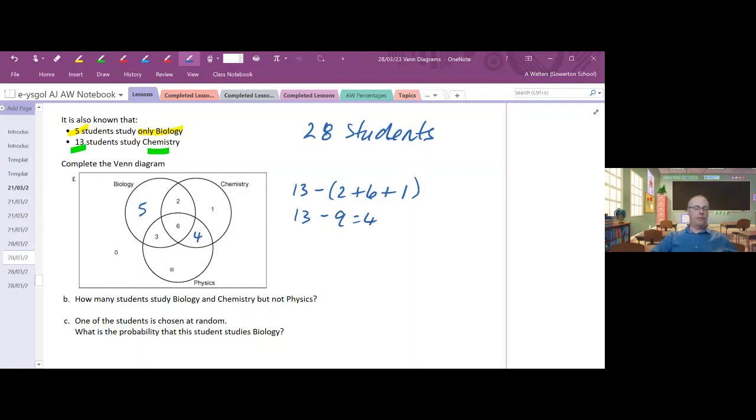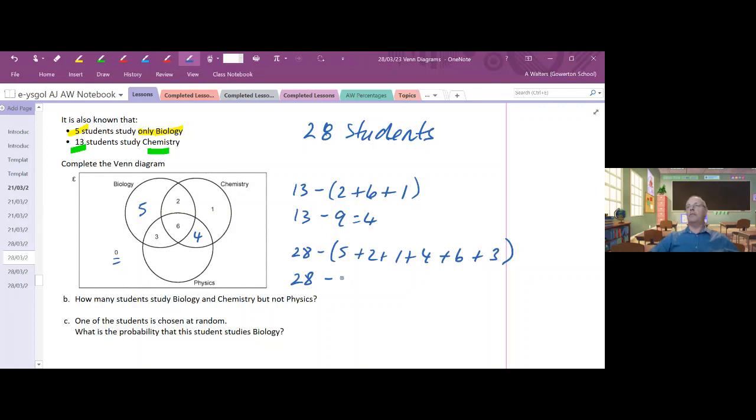So there's a gap here for physics. And what we need to do now is we know there's 28 students. So if we add up everything, say 28, take away the 5 and the 2 and the 1 and the 4 and the 6 and the 3: 7, 8, 12, 18, 21.